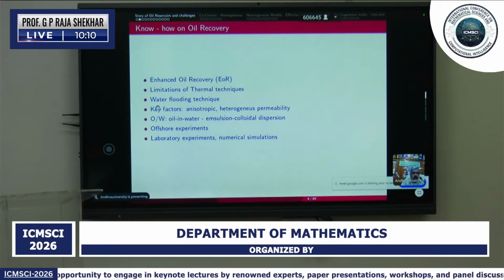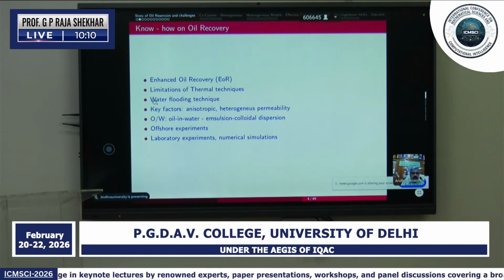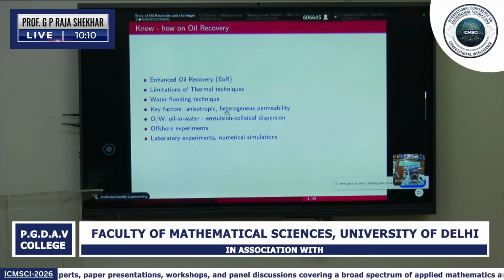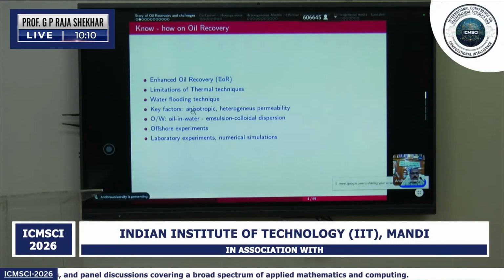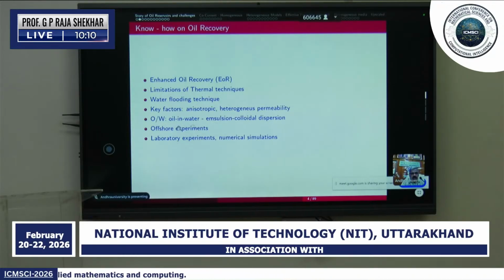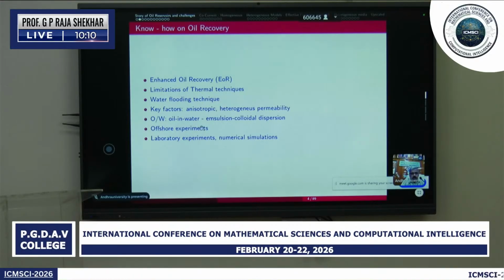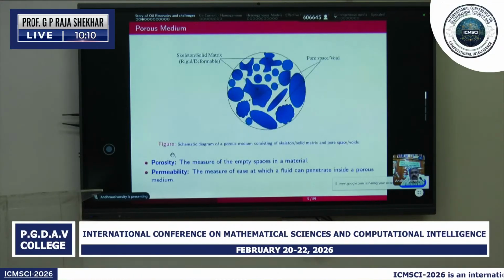So the key technique is the water flooding technique. This is an established technique. The key factors, as I mentioned, are heterogeneity, meaning spatially varying, and anisotropy, meaning directional dependency. So there are two phases, oil and water, and typical laboratory experiments and numerical simulations are popular, as are offshore experiments.